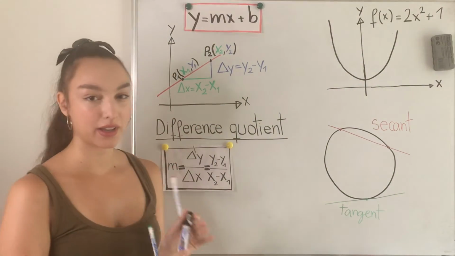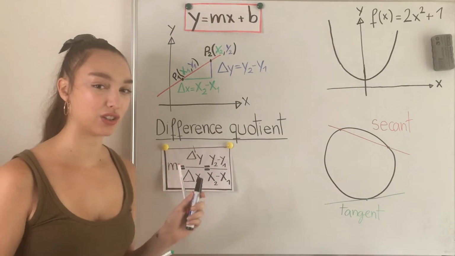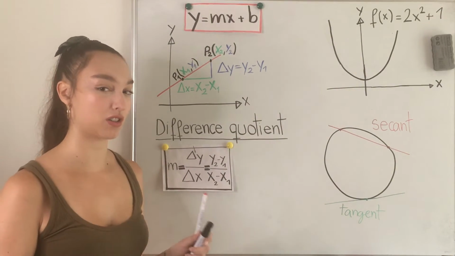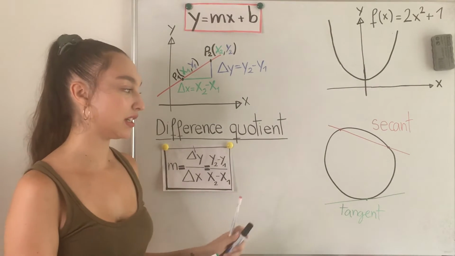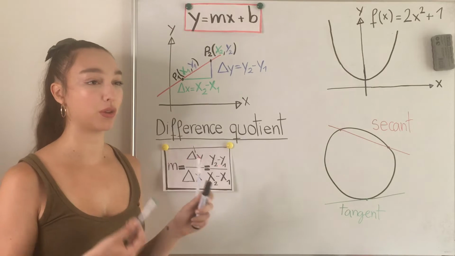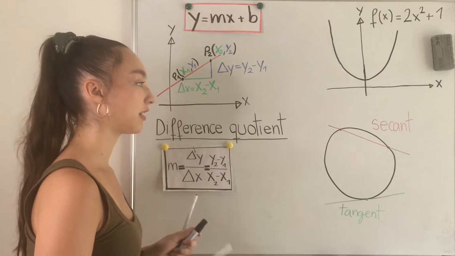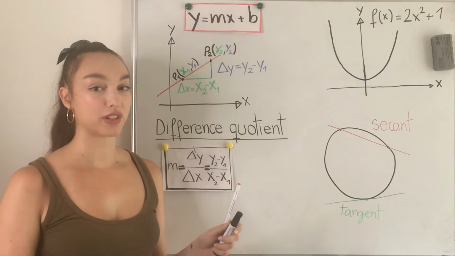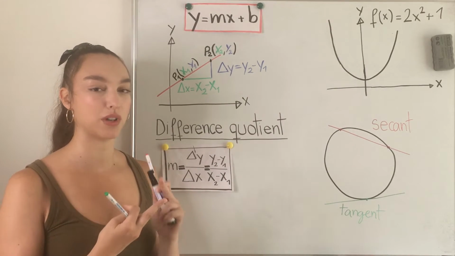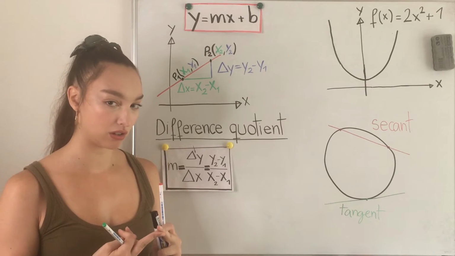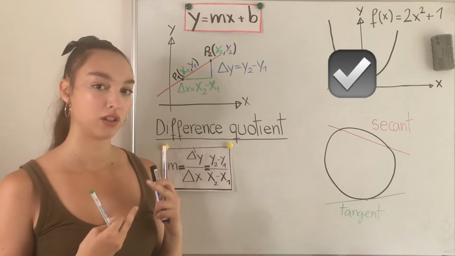The problem is that with the difference quotient, we can calculate the slope of a linear function from 2 points, not from 1. And the tangent line only has 1 point in common with our function. So what we're going to do first is calculate the slope of a secant line that has 2 points in common with our function, and one of them is the one that we want to calculate the derivative at.